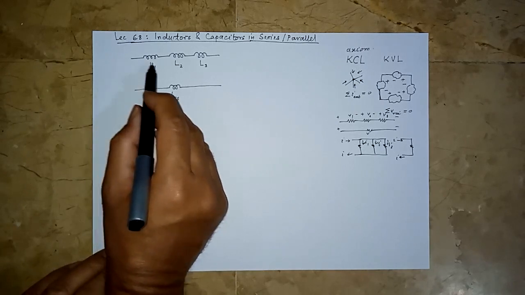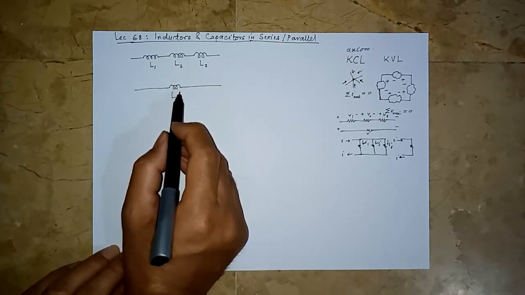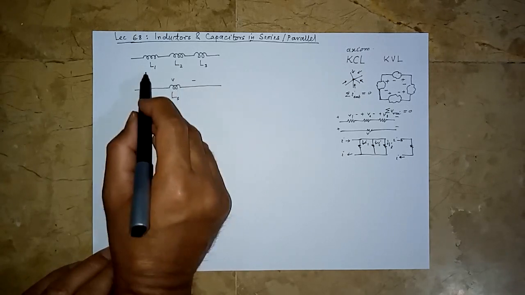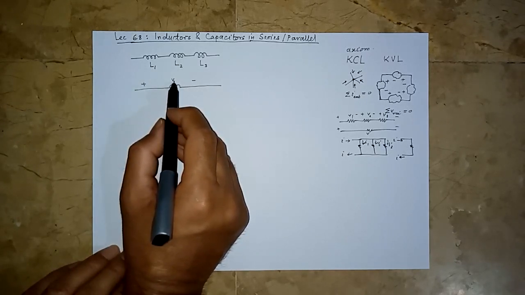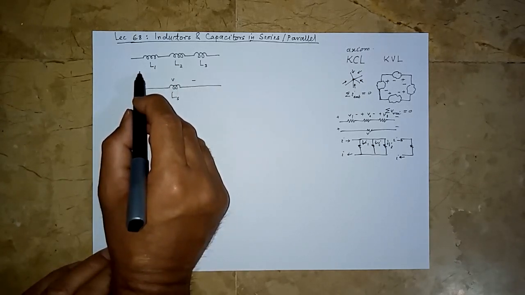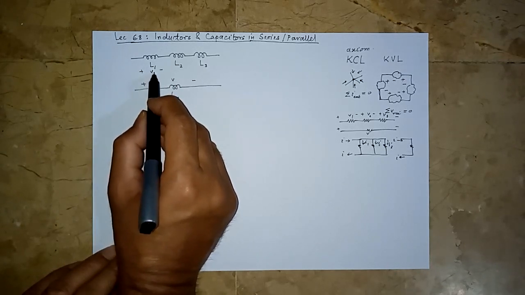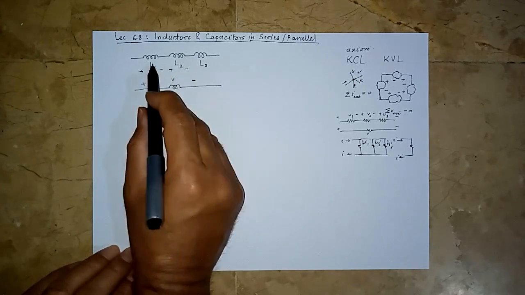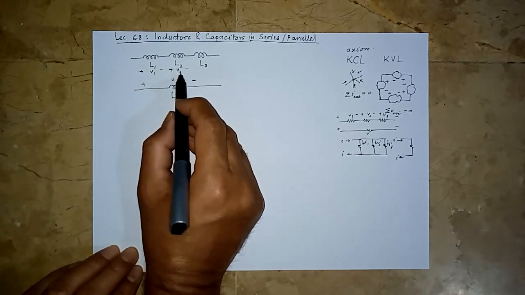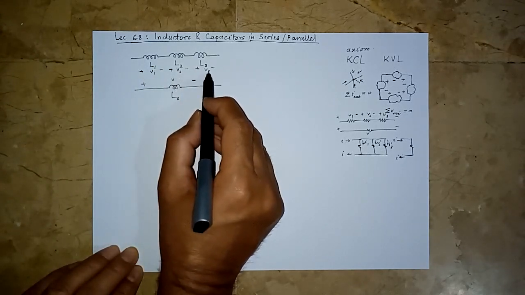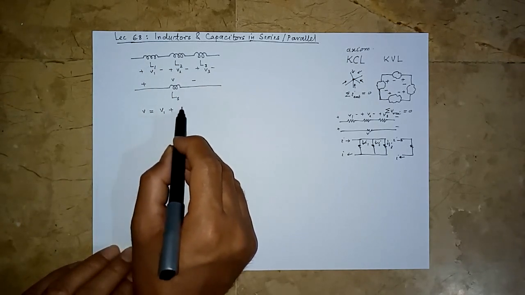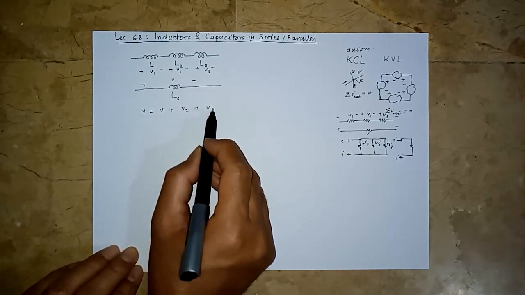Using Kirchhoff's voltage law, the voltage across the equivalent is V, with V1 across inductor L1, V2 here and V3 here. Then V is equal to V1 plus V2 plus V3.